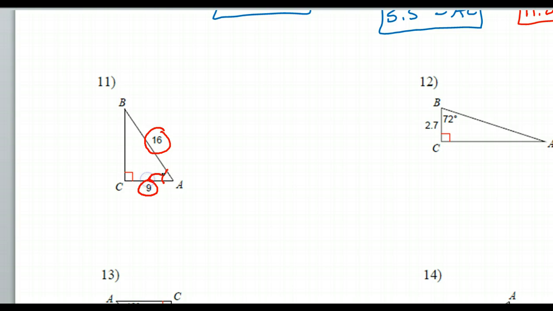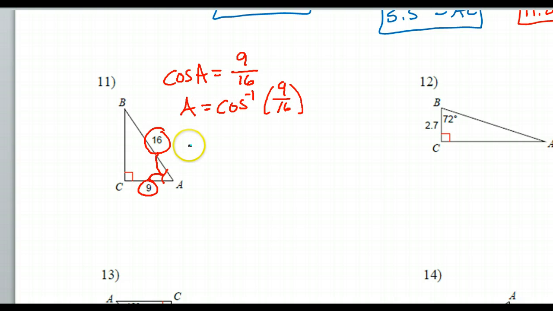That's adjacent and hypotenuse. That's the cosine function. So cosine A is equal to 9 over 16. That means angle A is equal to the inverse cosine of 9 over 16. Just put that in your calculator.